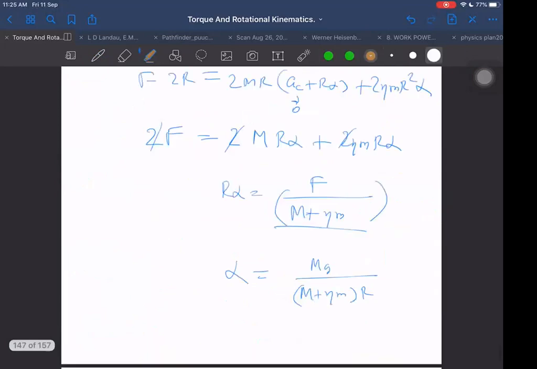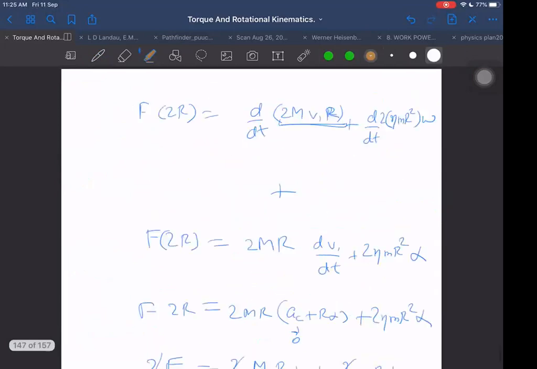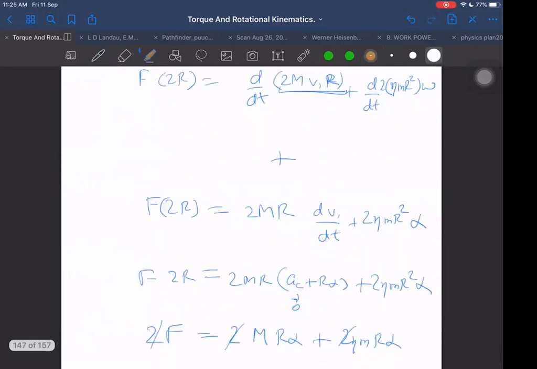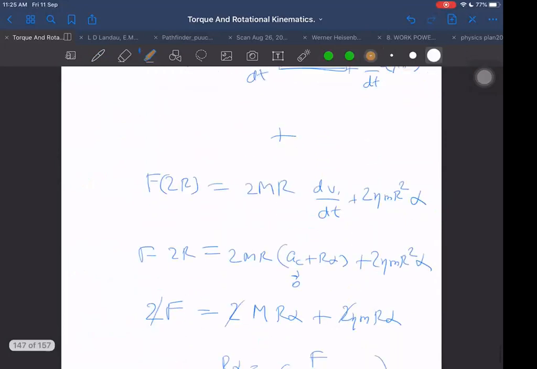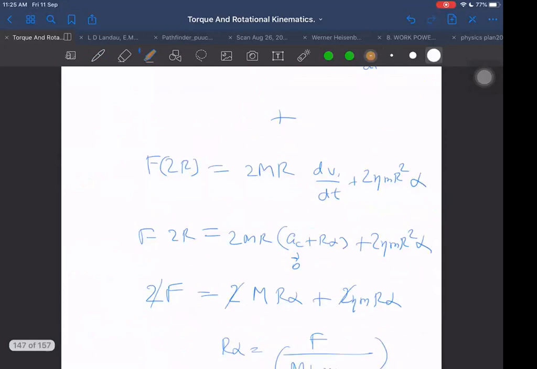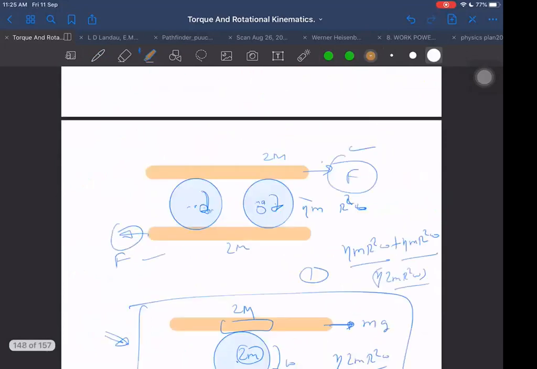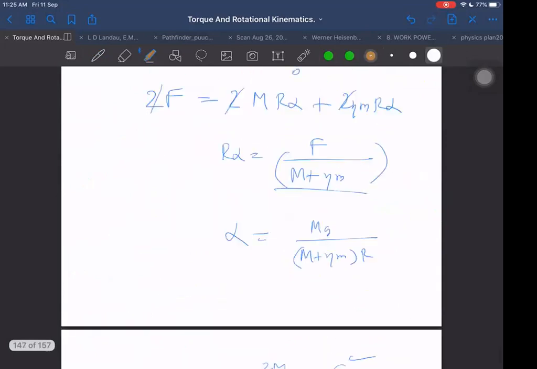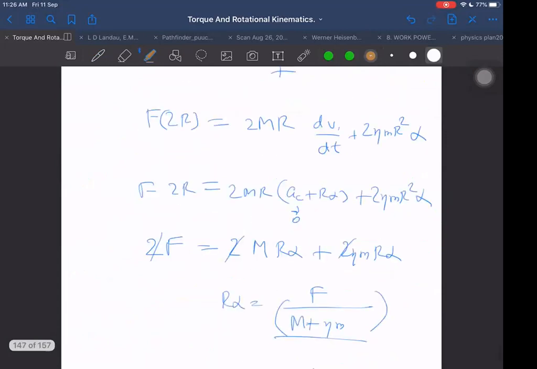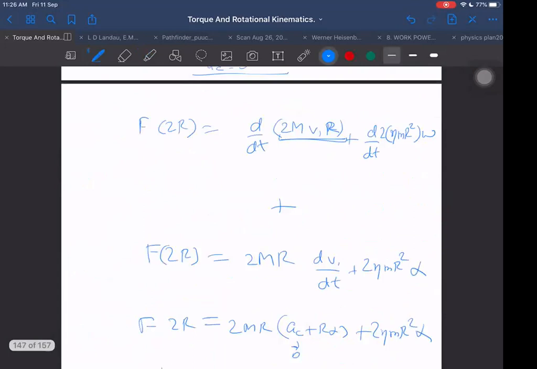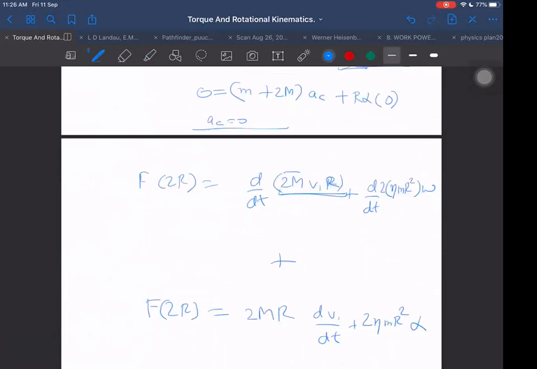Last time I think I have taken wrongly. Let me check once again where I took wrong. Okay, here I have done wrong. The angular momentum was not 2m into v1 into r, it was 2m into v1 into 2r, the distance from the ground.